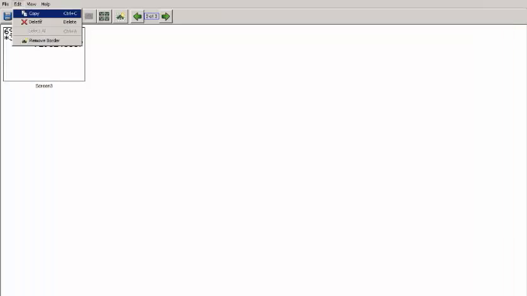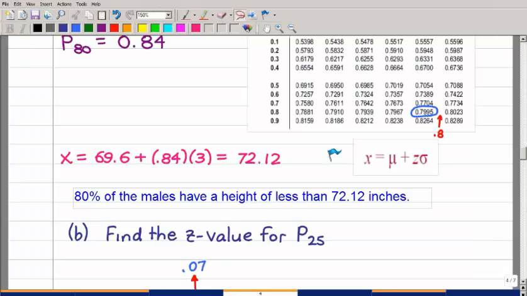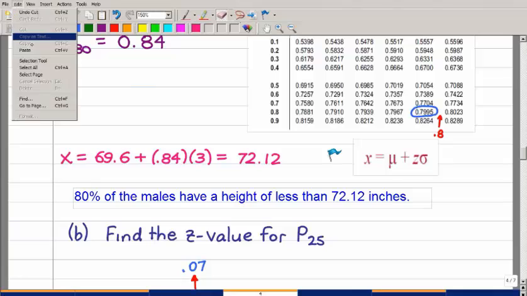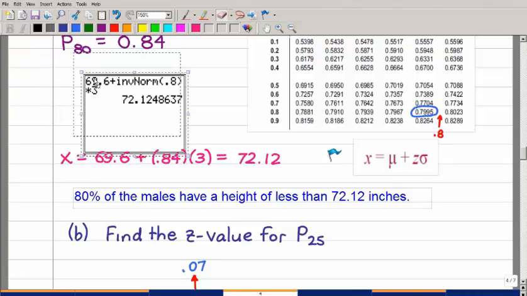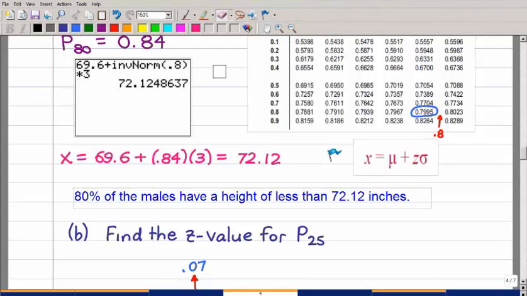And there we have it. So you really don't have to get that percentile number separately if you don't want to. You can just calculate it that way and go straight to the answer.